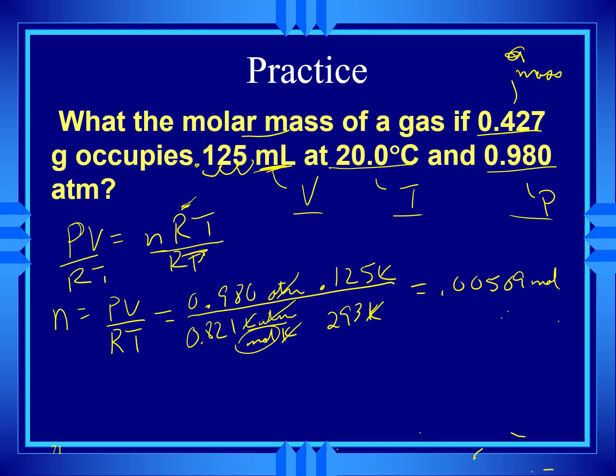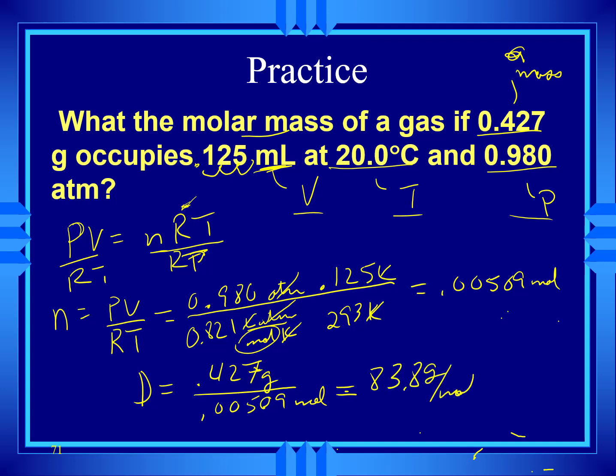Now to find the molar mass, it equals mass, 0.427 grams, divided by moles, 0.00509 moles. Pushing numbers in my calculator, 0.427 divided by the answer that was still sitting in my calculator, and I get 83.8 grams per mole.